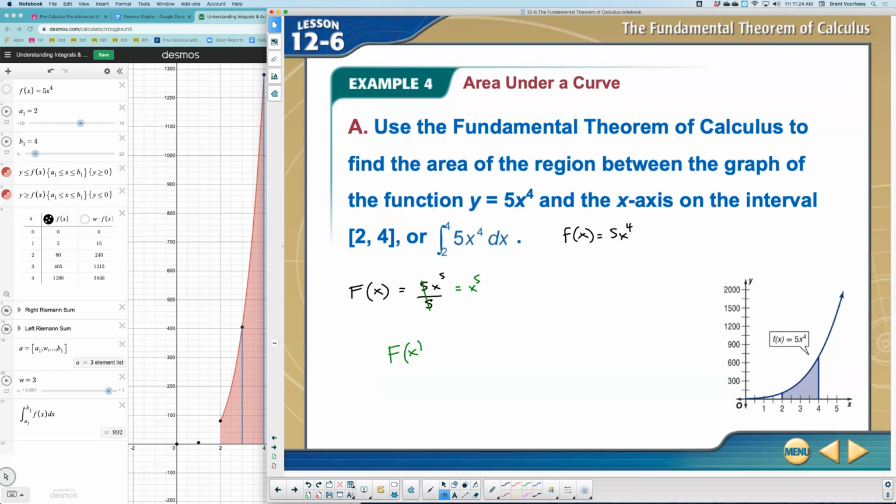And so, the antiderivative evaluated from 2 to 4 is going to equal, what we'll do is plug in 4 first, 4 to the fifth power, and then subtract 2 to the fifth power. So I took this equation and substituted 4 into it, and then subtract and substitute the 2 into it, and we'll evaluate this.